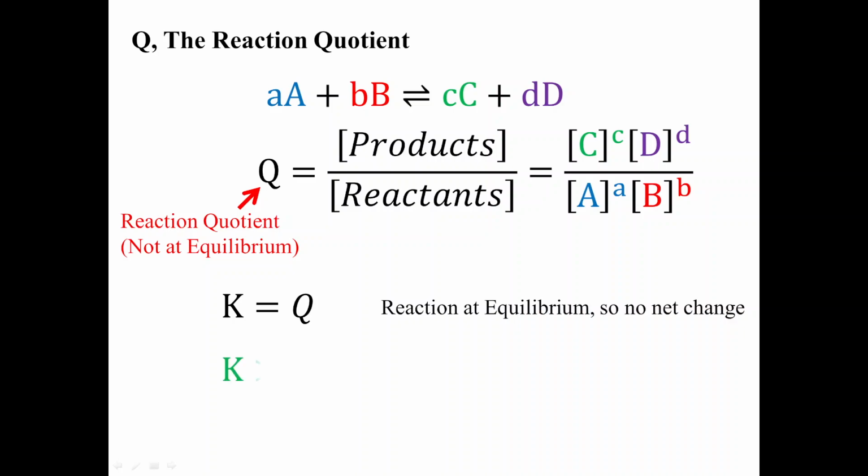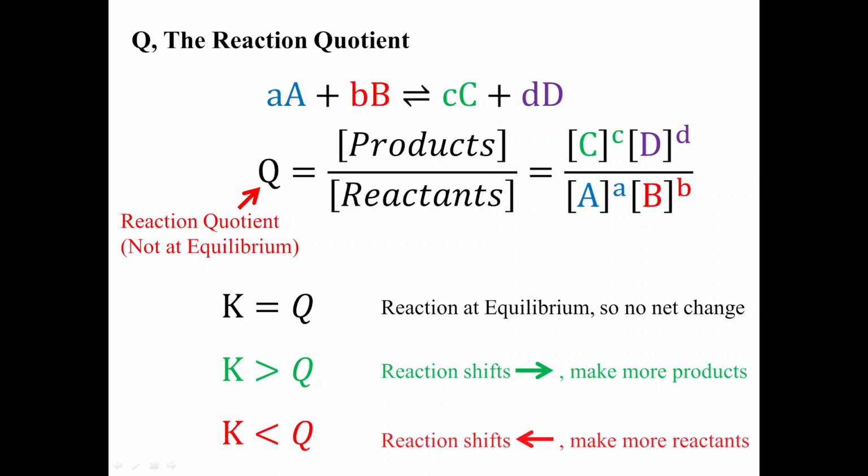If our equilibrium constant is greater than Q, our reaction quotient, then that means the reaction is going to shift to the right. It's going to shift from reactants to products, and we're going to be making more products as we approach equilibrium. If our equilibrium constant is less than Q, then our reaction is going to shift from right to left, or from products to reactants. And as we approach equilibrium, we're going to be making more reactants.